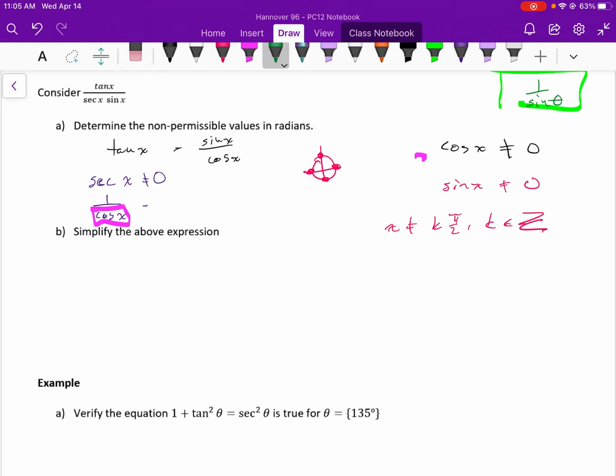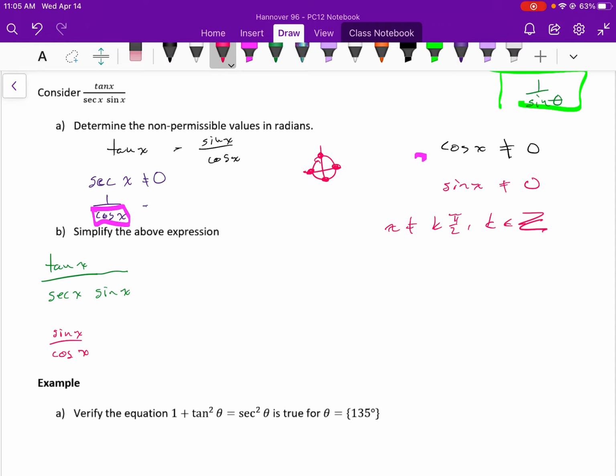Let's see. So first things first, I'm going to write tan x over secant x sine x. And it's always a really good idea to try to break it down into its simplest elements, which are sine and cosine. So therefore, tan x is sine x over cosine x.